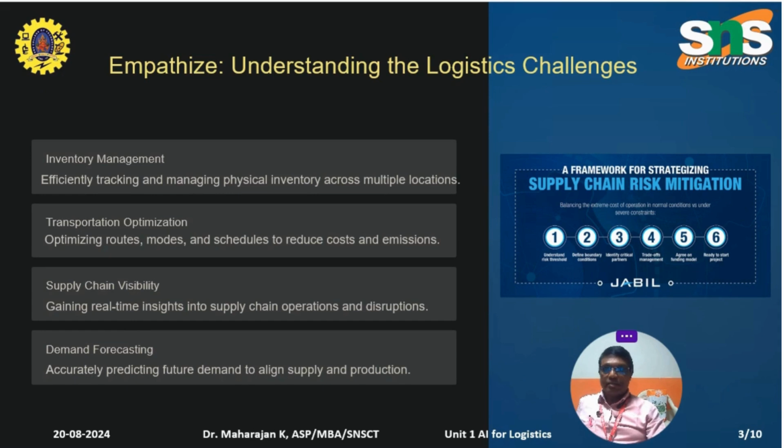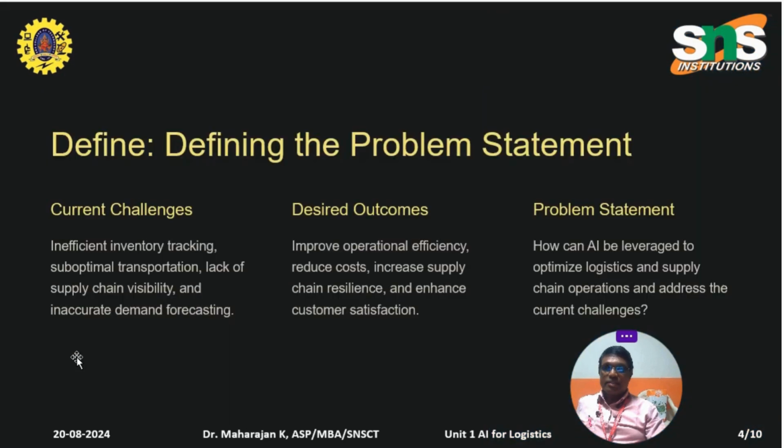So we need to find exactly what that is. Then we need to define the problem statement. What are the current challenges? Are we operating optimally, or is the transportation we are using suboptimal? Do our supply chain operations have visibility and transparency or not?